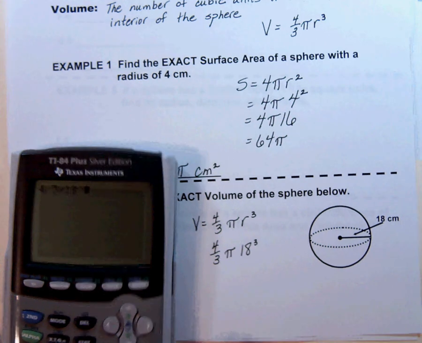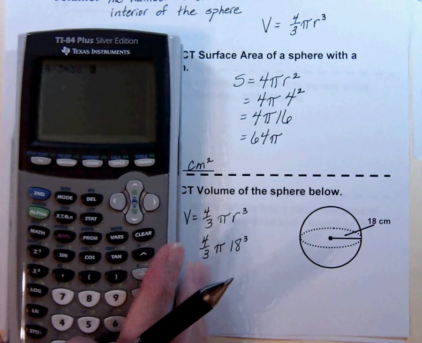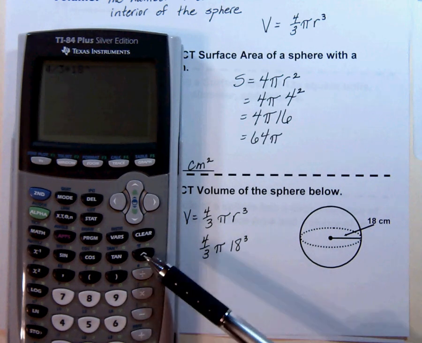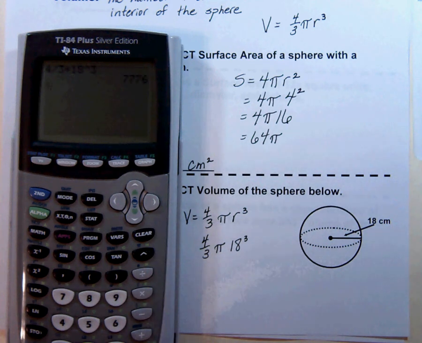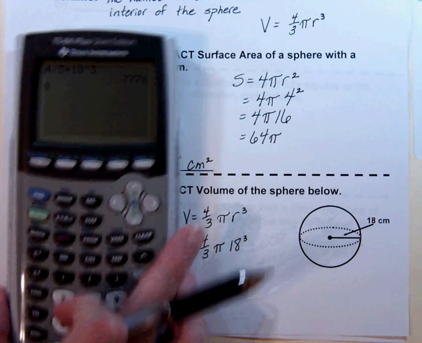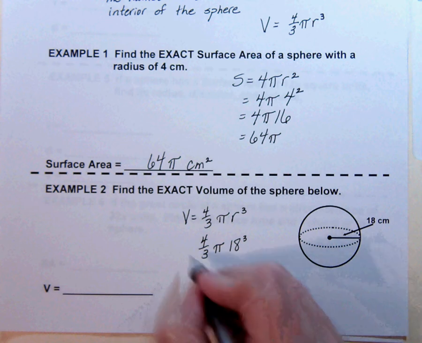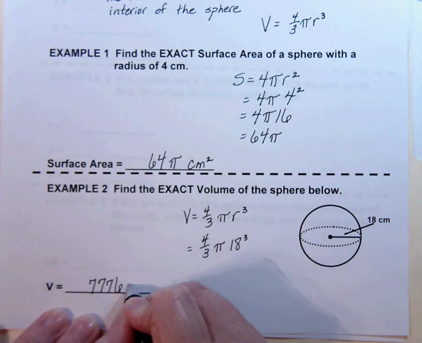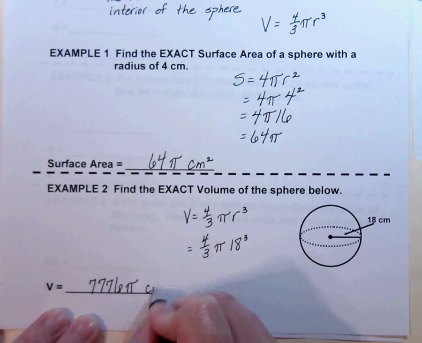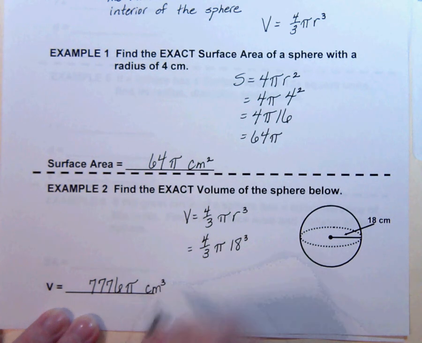When you want to cube something, you use this key and then a 3, and that'll cube the 18, 18 times 18 times 18 is another way you could put it in there. The answer is 7,776 pi, and it's centimeters cubed. Don't forget the pi, centimeters cubed.